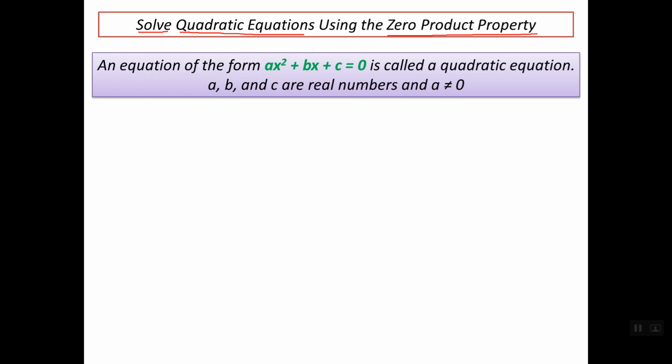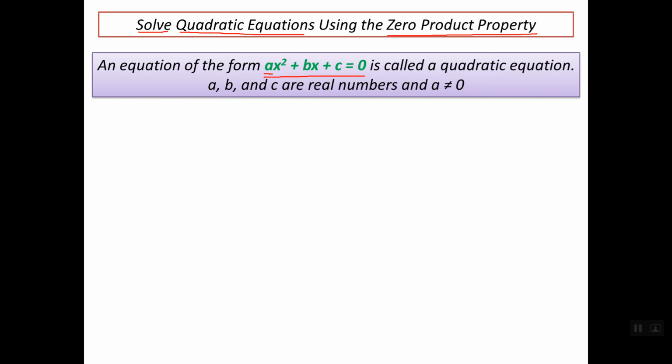An equation of the form ax squared plus bx plus c equal to 0 is called a quadratic equation, simply because the highest exponent for the variable x is 2. In this equation, we have three constants.